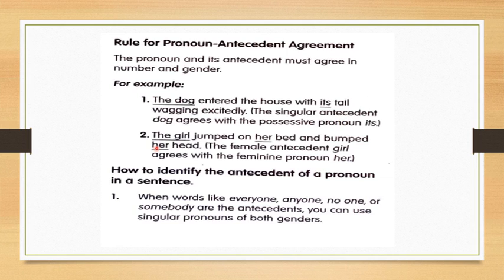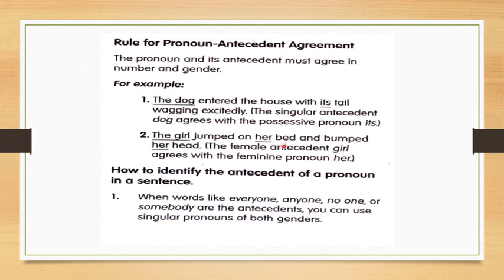Second, the girl jumped on her bed and bumped her head. The female antecedent girl agrees with the feminine pronoun her. So this is a feminine pronoun. Jumped on her bed. Whose bed? It shows possession, or ownership. Her bed. And bumped whose head?